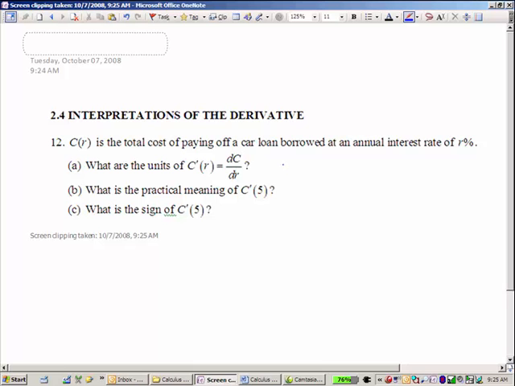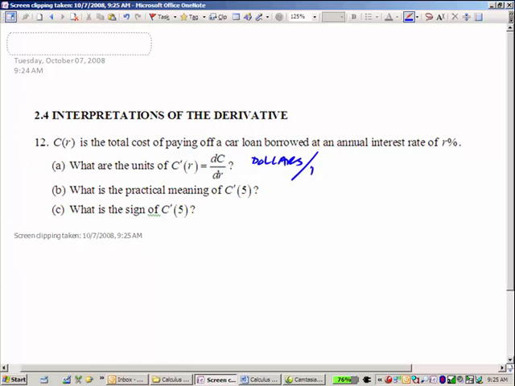What do we measure cost in? Dollars. Per. Per percent. Dollars per percent. That's what this rate of change is.